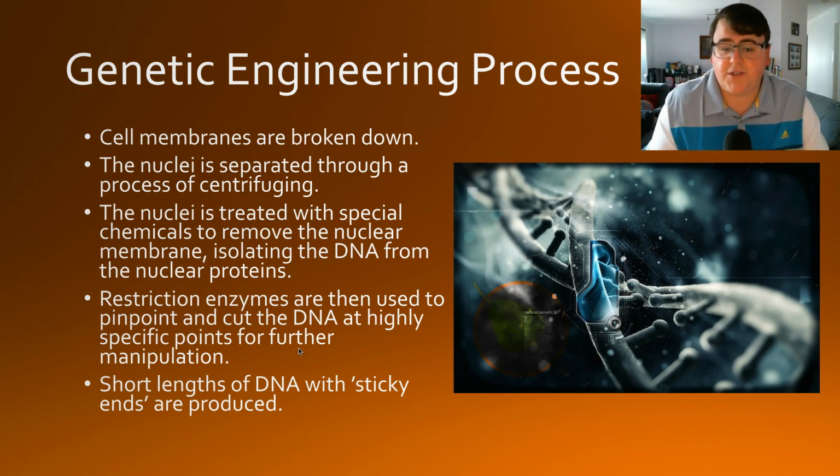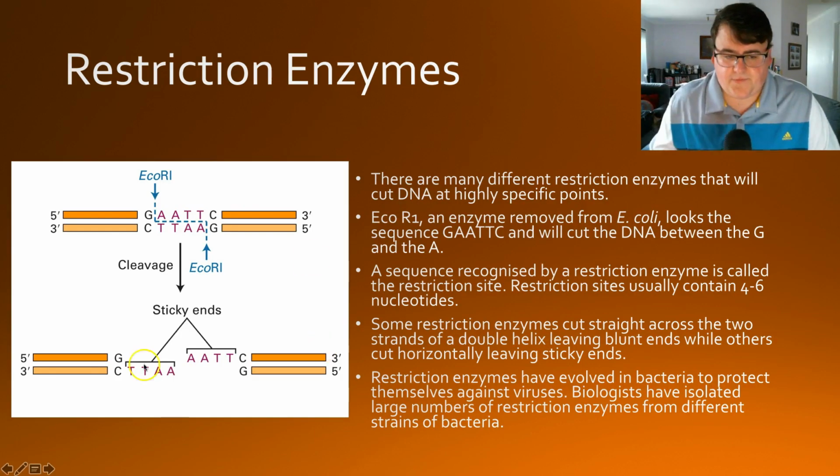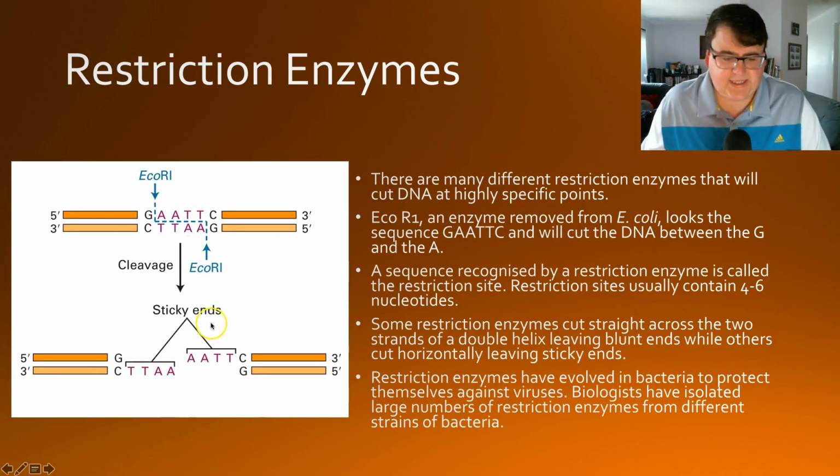Restriction enzymes are then used to pinpoint and cut DNA at exactly specific points to help manipulate the DNA further. We use something called sticky ends, and we'll talk about sticky ends in the next slide or two. But know that the DNA, after being cut with restriction enzymes, creates short lengths of DNA with sticky ends. So actually, let's talk about sticky ends now.